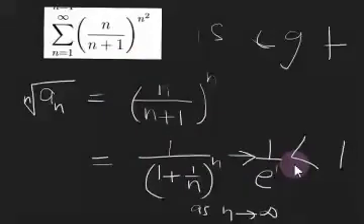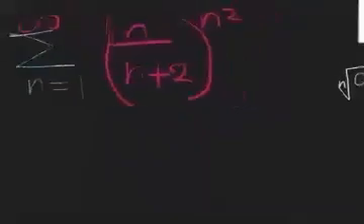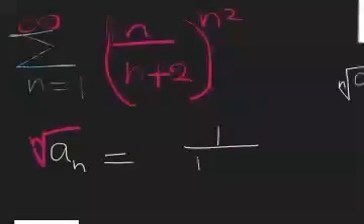Right? So what can you say about this one here? From root test you can simplify this one. The nth root of a sub n is something like (1 plus 2 over n) to the power n, right?